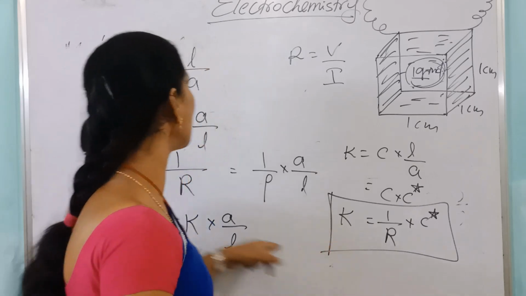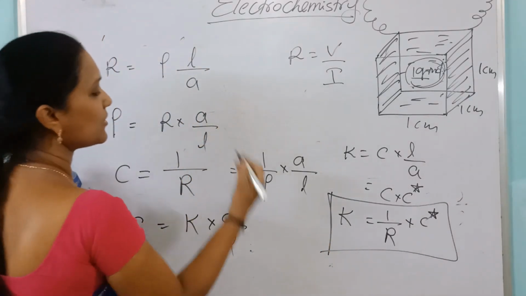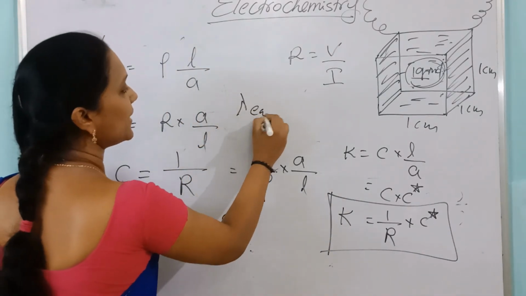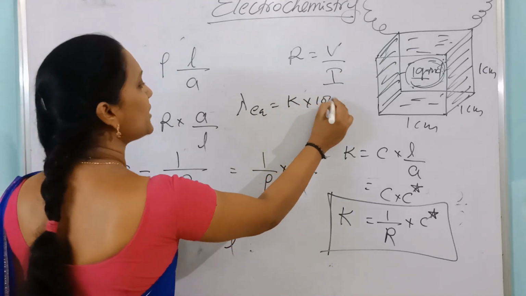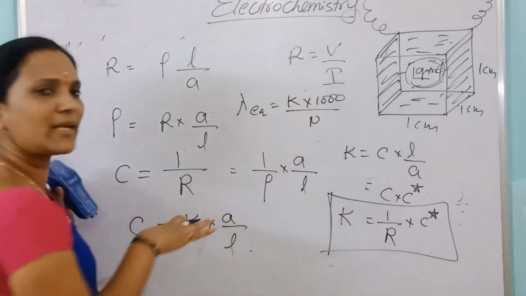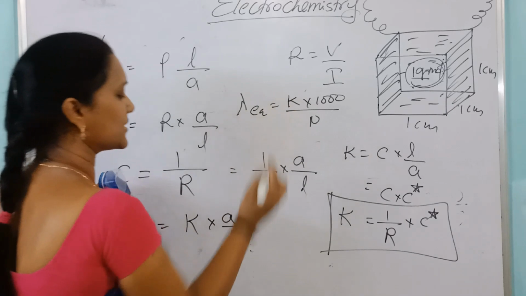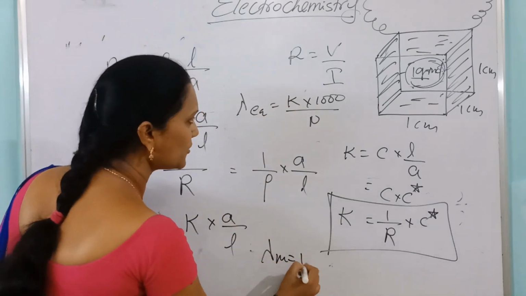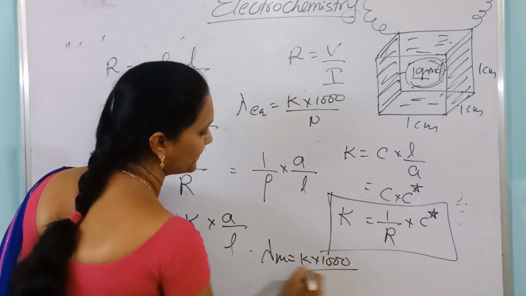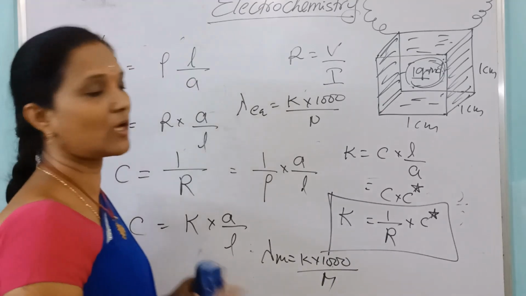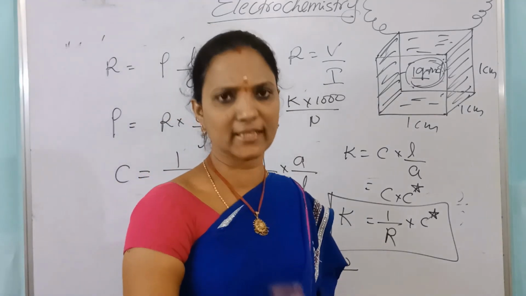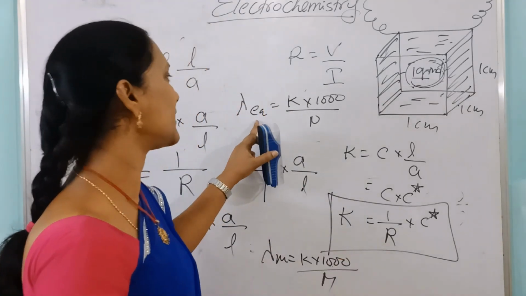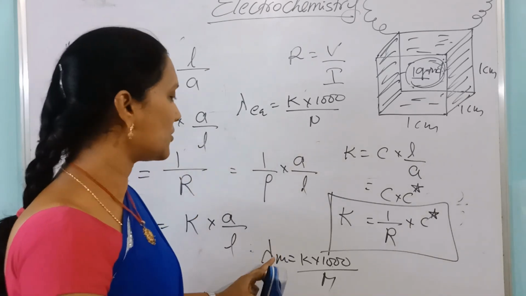Once we have calculated this, we can substitute in the next formula. Equivalent conductance is equal to K into 1000 by N, or by 1000 into N based on the units. Molar conductance is equal to K into 1000 by M. In almost all the problems, first we should find the K value, then find the equivalent conductance and molar conductance.